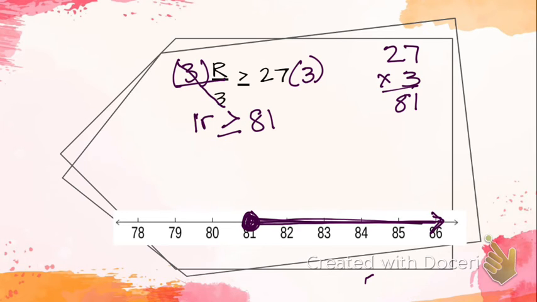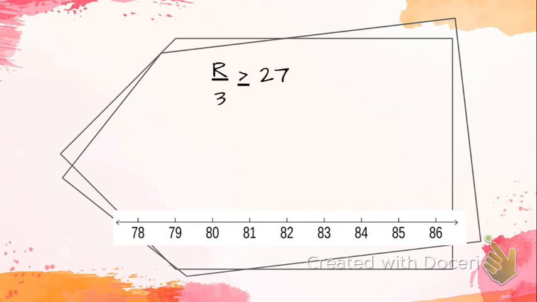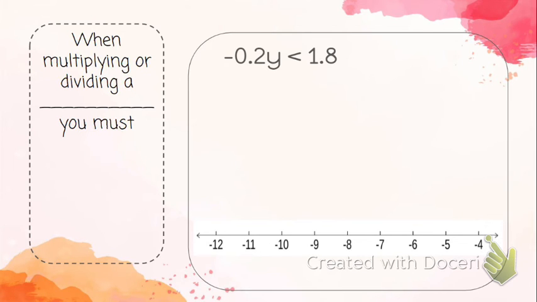All right, we're going to flip to the last one here. But we have a very special rule that we have to talk about before we can actually solve anything. When you multiply or divide by a negative, you should know this rule from last year, you must flip the inequality.